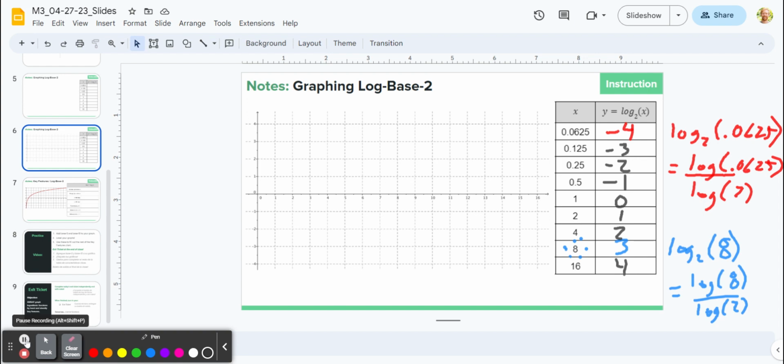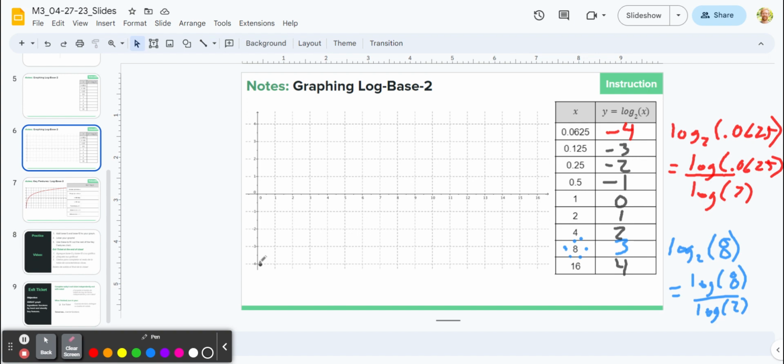So we're going to now actually plot all these points on our graph to create a nice log curve. All of our x values are in our left column, all of our y values are in our right column, and I'll use black for all of this just so we can identify some key features later. We're going to go to -4 down is our y, and that has an x value of 0.0625.